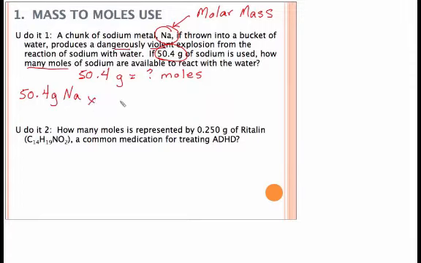It's a good idea to label, because if we switch substances, you don't want to be missing out on a step. Now, we want to eliminate grams, so we're going to put grams in the denominator. We want moles. And for every 1 mole of sodium, we have a mass of 22.99 grams from the periodic table.